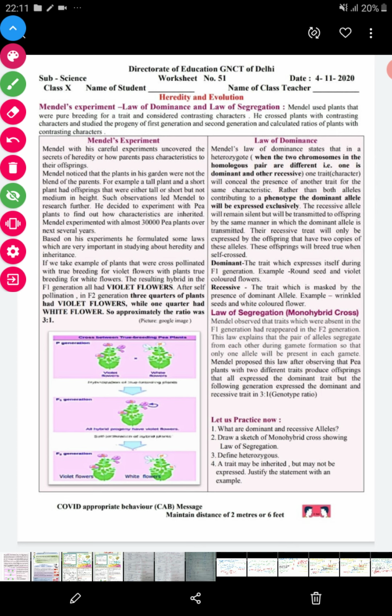Rather than both alleles contributing to the phenotype, the dominant allele will express exclusively, as I have shown you in this case of tall and short plant.